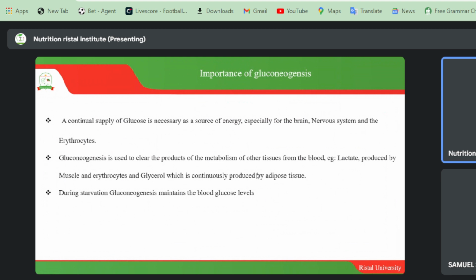All these can be broken down. Erythrocytes, these are the red blood cells. They can be broken down. They are protein in nature, and then you can get energy from them using the amino acids that can be gotten. Glycerol is a byproduct of the breakdown of fats, and that also can be used.